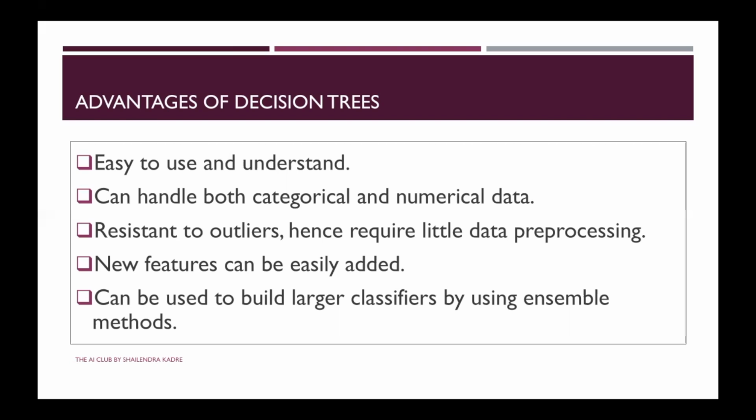And then new features can be easily added in decision trees, and they can be used to build larger classifiers by using ensemble methods. Later you will come to know that when we have a huge amount of data and a lot of complexity is involved, and we see that just one kind of algorithm is not working, then we try to combine multiple algorithms, which is called an ensembling technique. It can be like XGBoost or random forest.